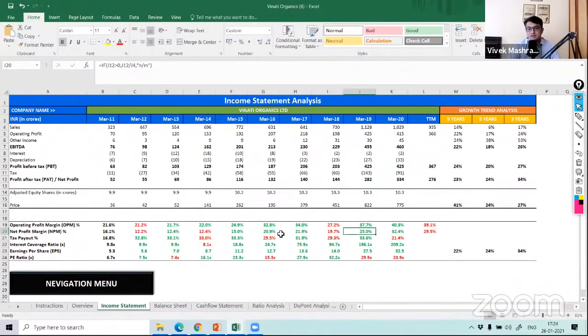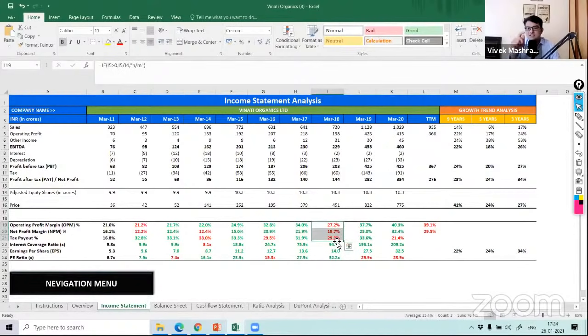And one more thing you can do is see what happened in 2018. The question should trigger: why 2018? What happened that created such a fall in the operating margin and net profit margin, and why was this growth slightly tempered in this year?